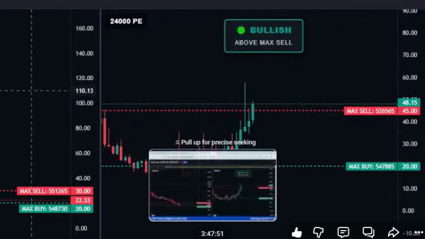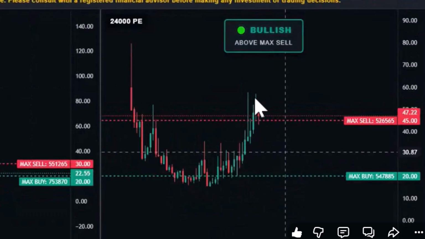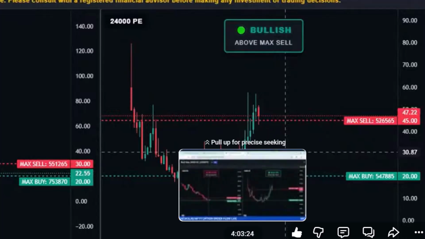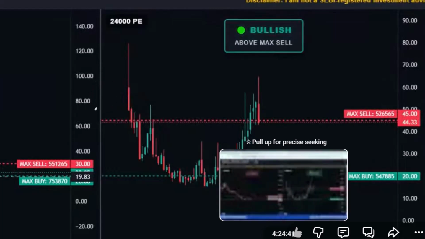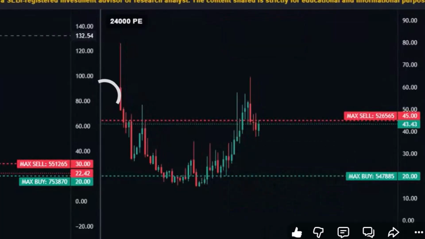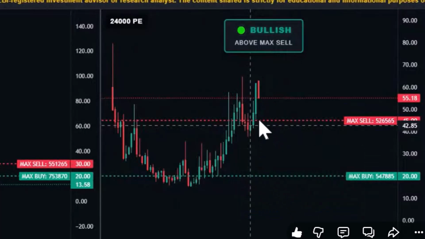After that, the market goes up and retests the level, and again goes up. Only when the market breaks below this lower level is it bearish.